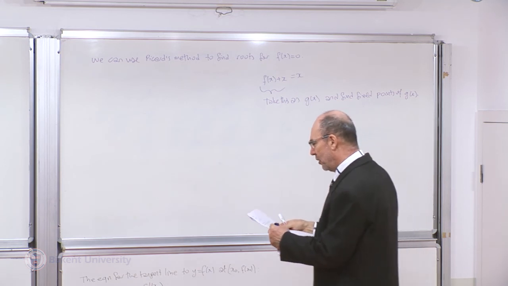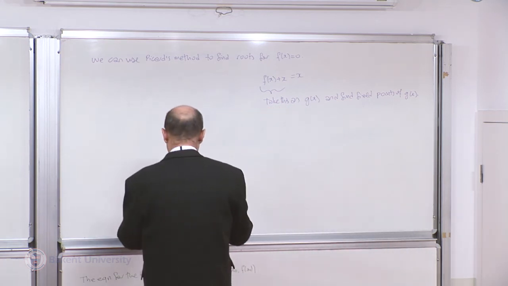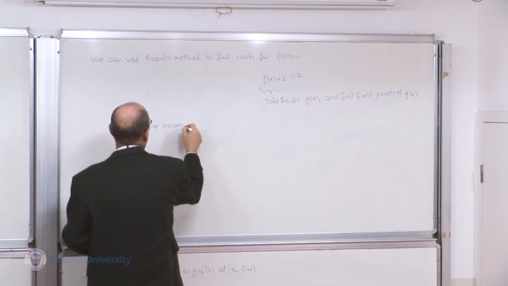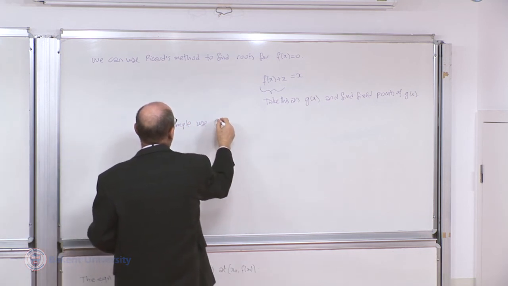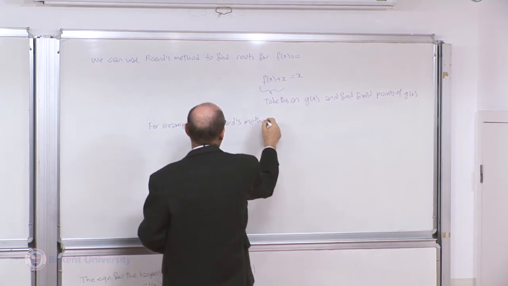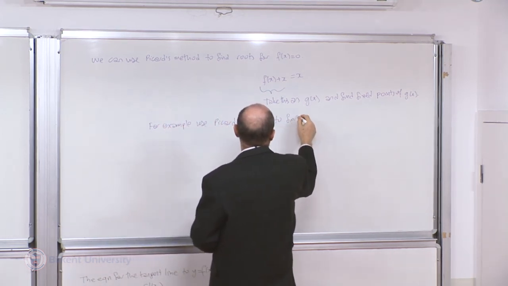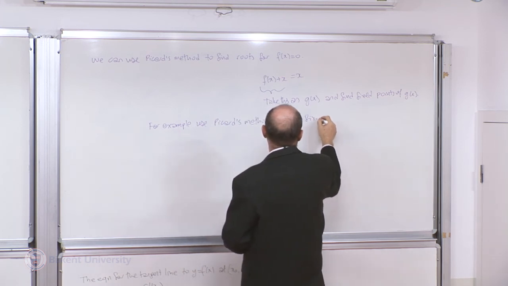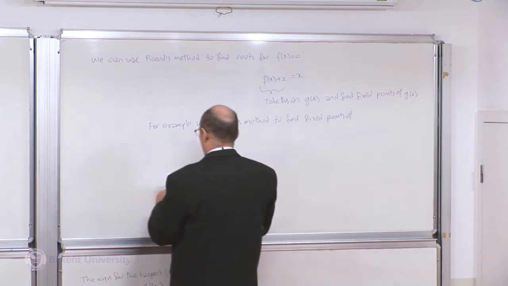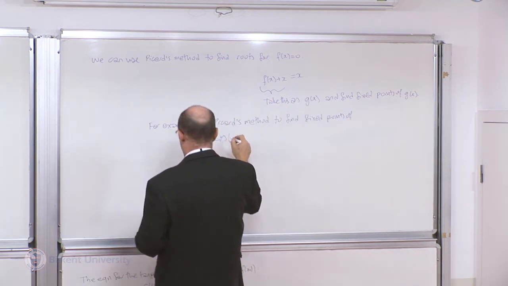Well, we can, for example, play the same thing here. So, for example, use Picard's method to find fixed points of cosine x over 2.